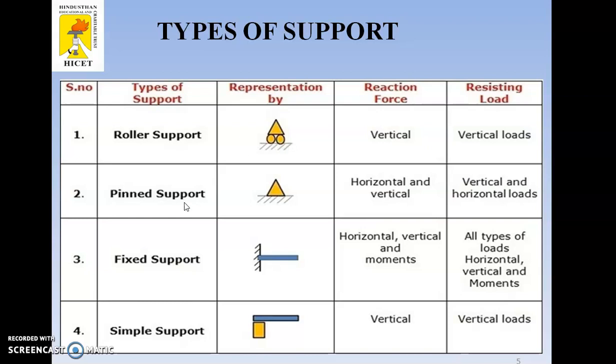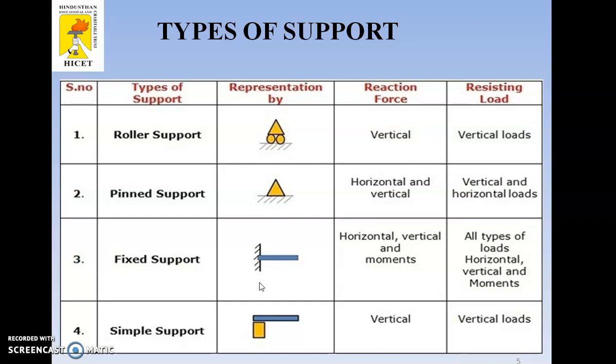Then the pinned or hinged support. It has a reaction force vertically upward and horizontally towards the positive x direction, so it has only two reactions. And then what about the fixed support?